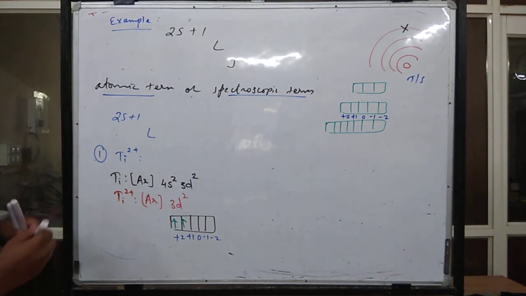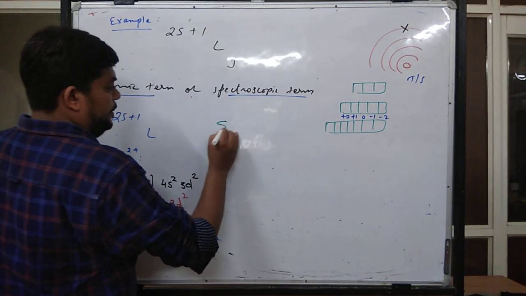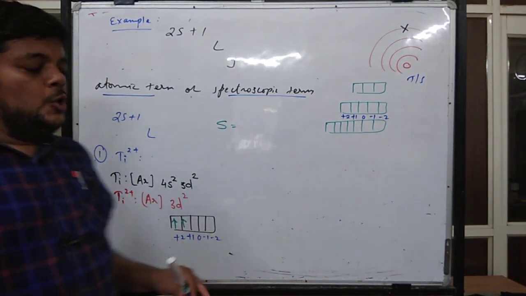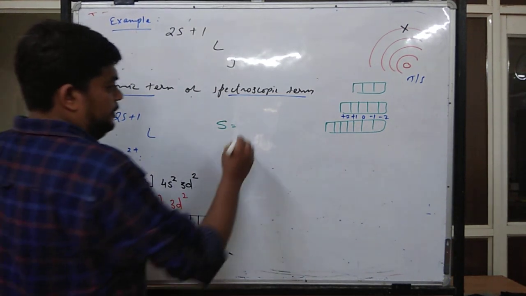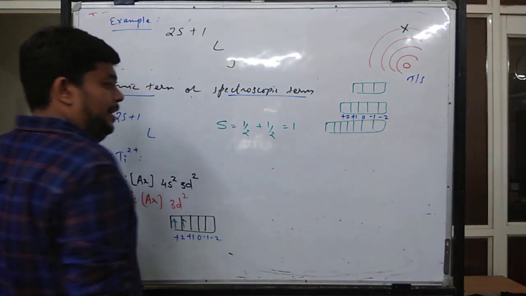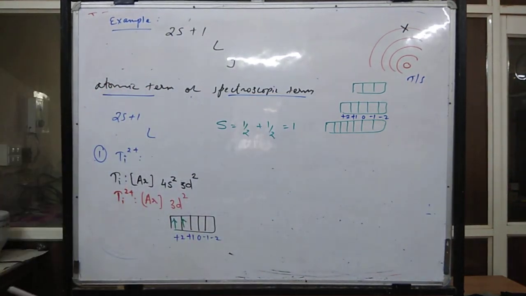Now let us first calculate the total spin S, which is the sum of the spins. So it will be 1/2 and 1/2, so we will have it as 1. And we very well know that this can be correlated with n.